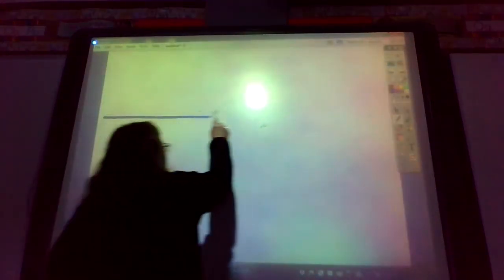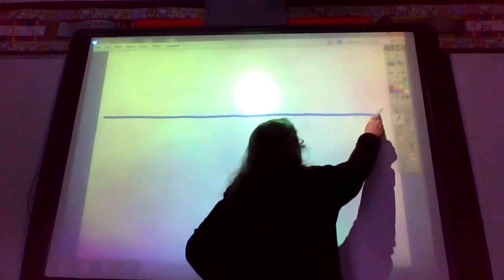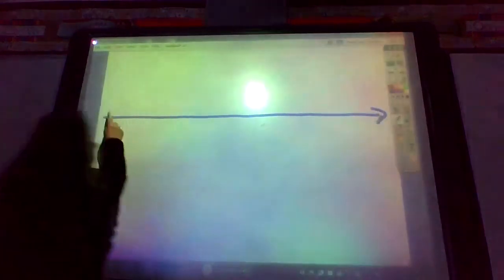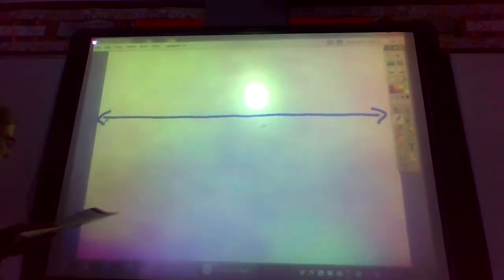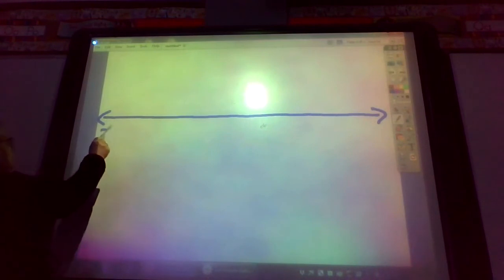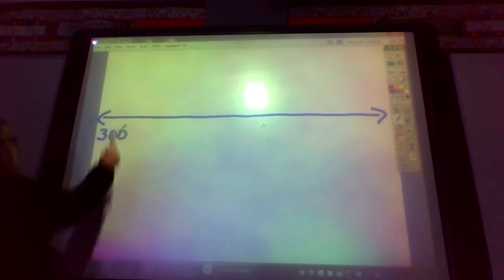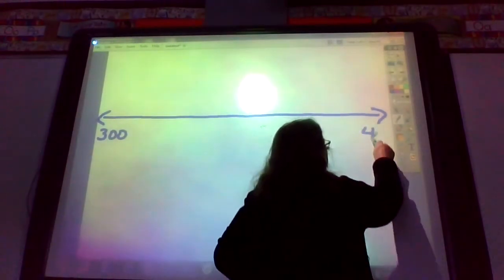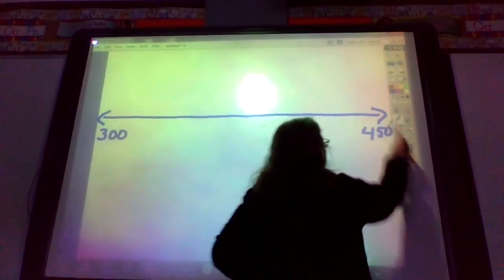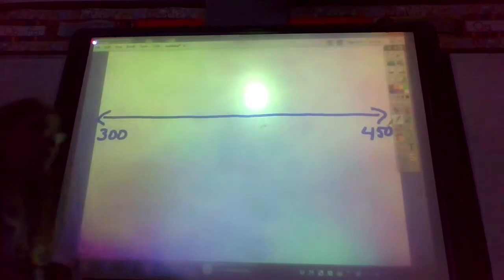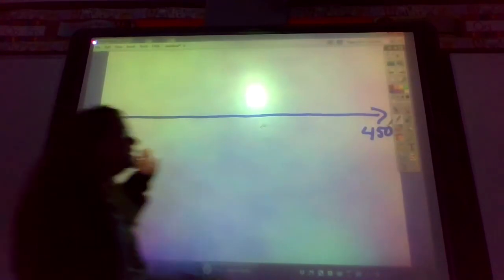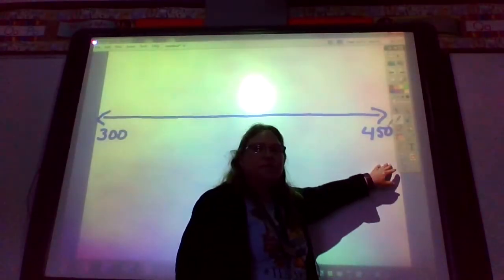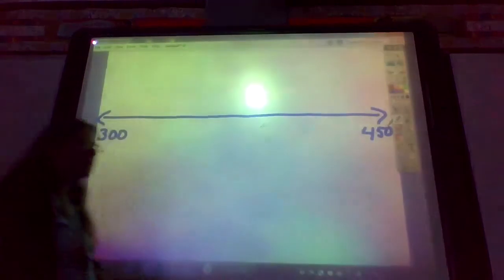Okay? I have my arrow, my number line. And I'm going to start at 300. And I need to go to 450. I'm going to start at 300, and I need to go to 450. Okay.